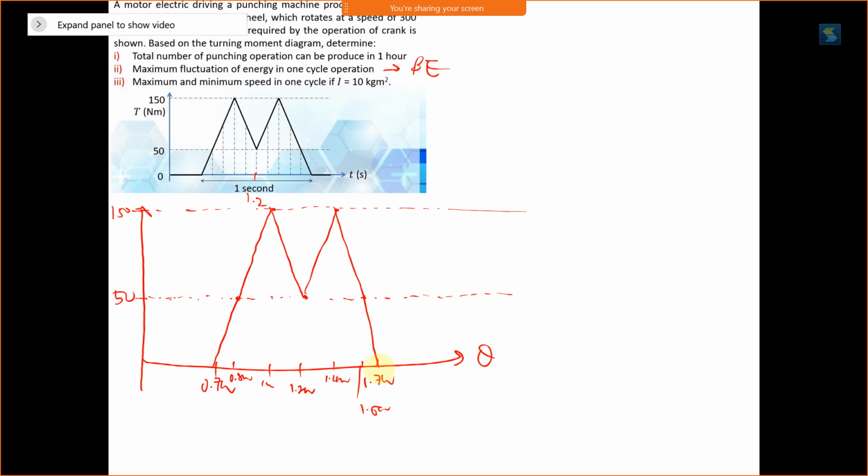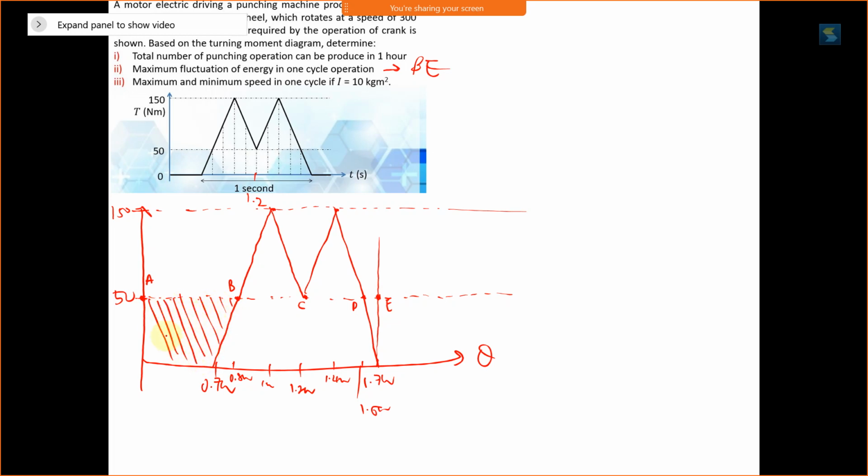Alright, for the points of intersection, first we need to start with here. So this is point A, this is point B, okay, this is point C, this is point D. It still doesn't complete one full cycle. To complete one complete cycle it must reach 1.7. So here, this is point E. Okay, point E. So where is the area that we want to consider? Here, where it overlaps.